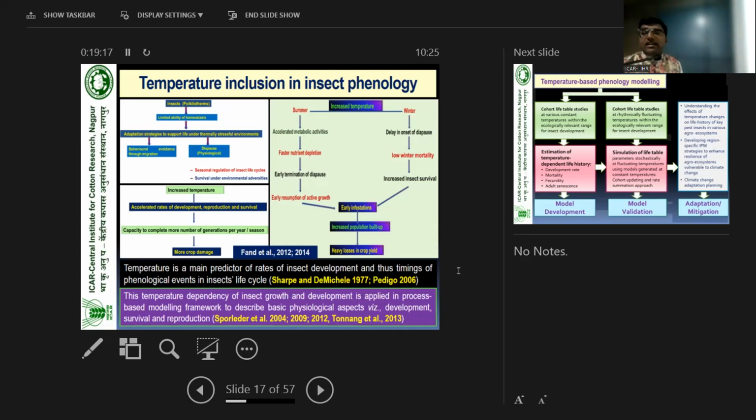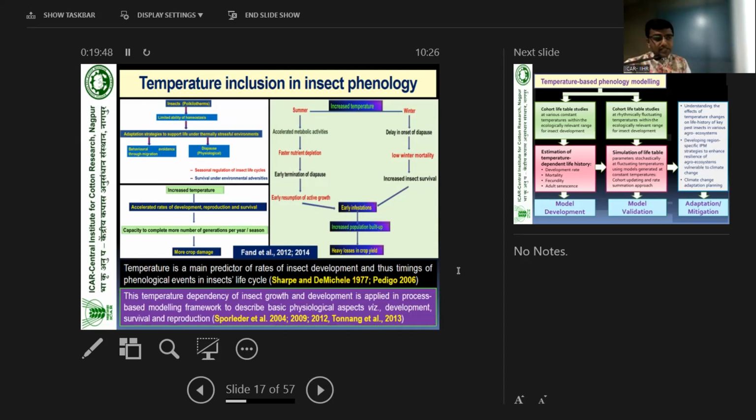We know that the higher the temperature, the lesser the time required to complete a life event, is it not? And that's why there is the capacity to complete more generations in a short span of time. This is one of the predicted risks of climate change, that insects will complete more generations than at present under future climate because of warming. More crop damage, of course, because more generations means more populations and more abundance.